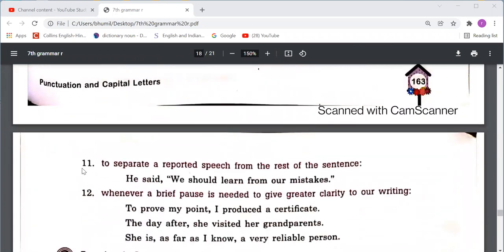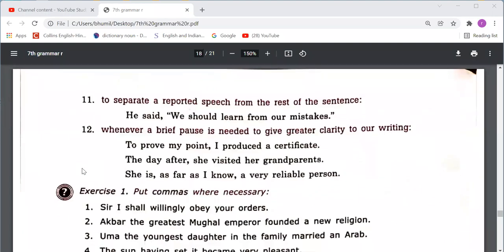Now come on to the next page, point number 11. Then we'll do this exercise. To separate a reported speech from the rest of the sentence, he said, we should learn from our mistakes. So dear students, we know that whenever we write reported speech, to separate the reported speech from the reporting speech, two speeches are there, reporting and reported.